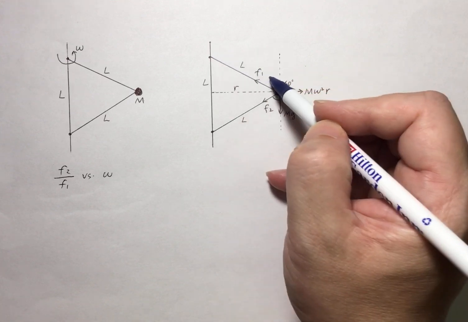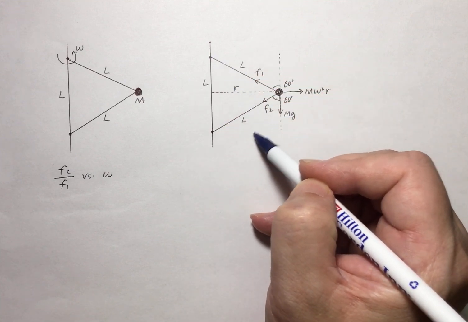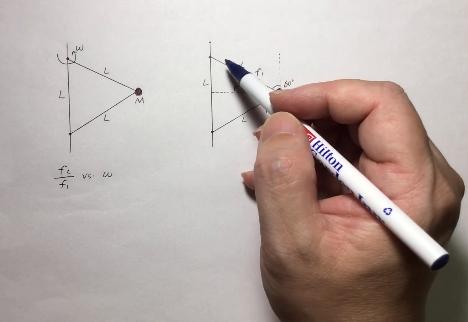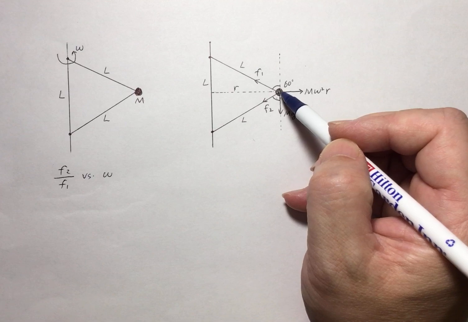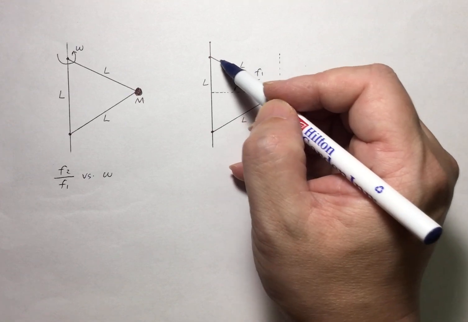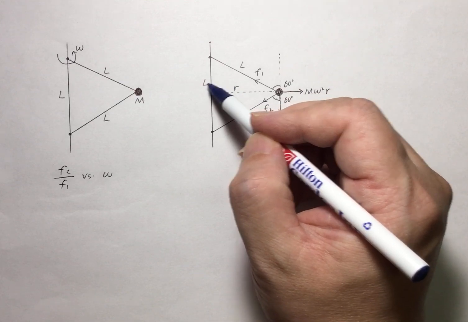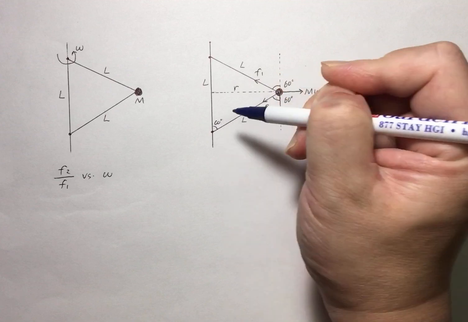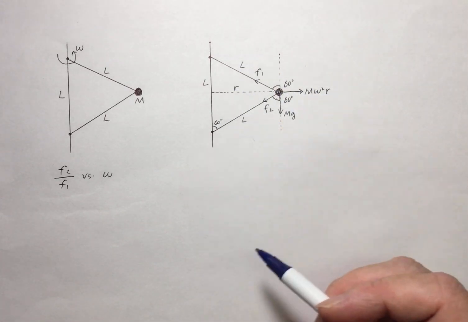Possibly the position of the upper string will be like that, and then the ball will be like here. But now let's start with enough angular velocity so that we maintain this triangle with each side of L. So this angle will be 60 degrees, and then this also 60 degrees. So we start from there.